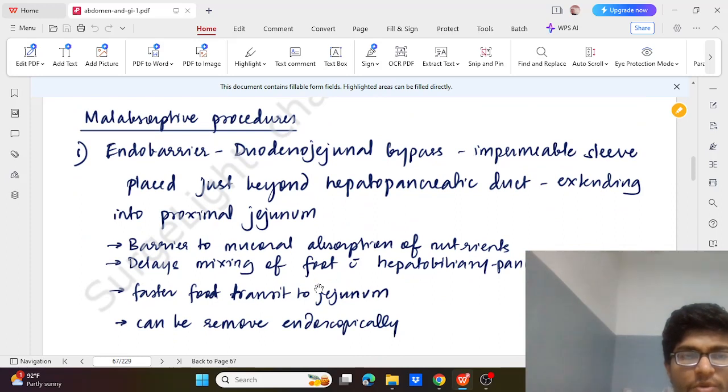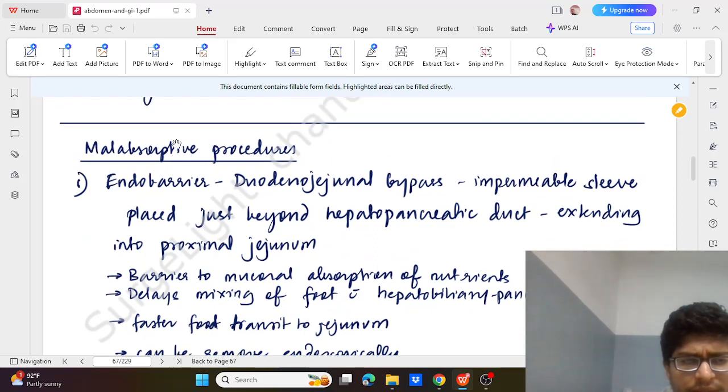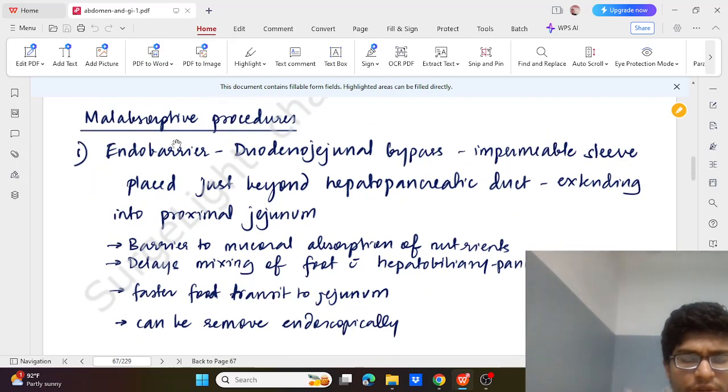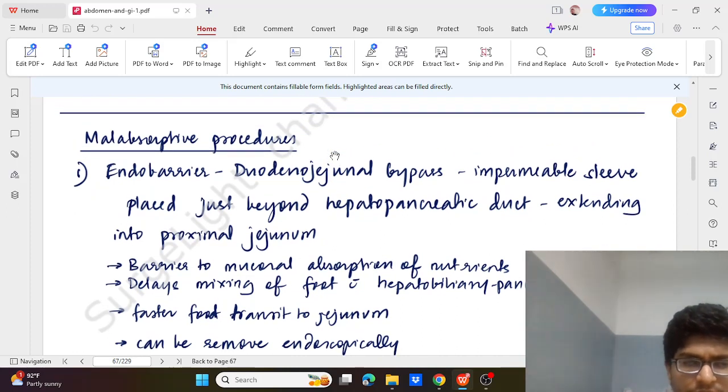So this was all about bariatric procedures, and most commonly the sleeve gastrectomy is done nowadays. Complications of these are leakage from the resected part or the anastomotic part, hemorrhage from these parts, nutritional deficiency causing iron deficiency or severe weight loss.